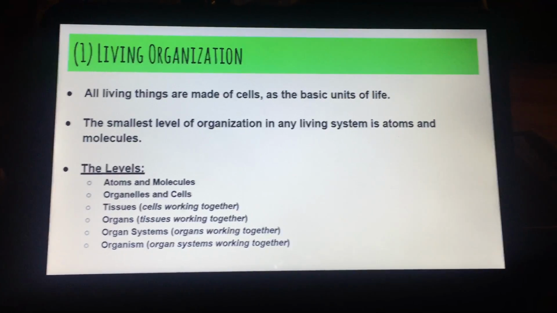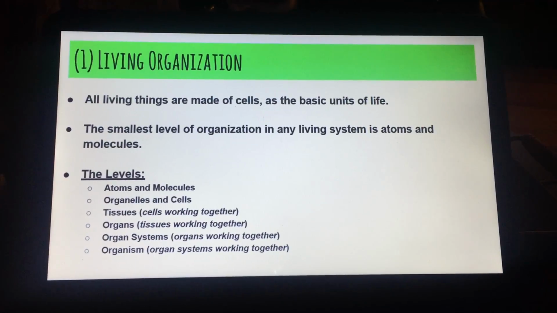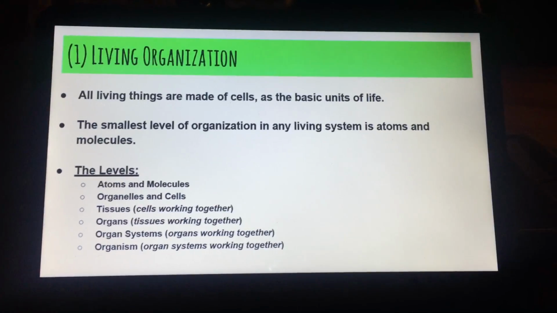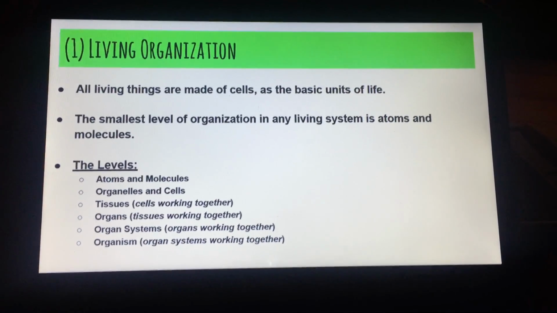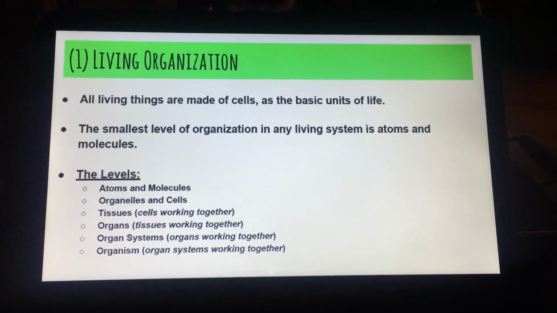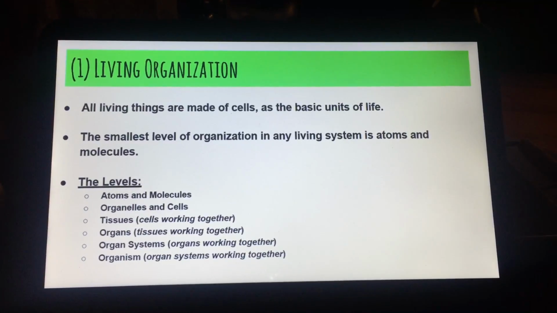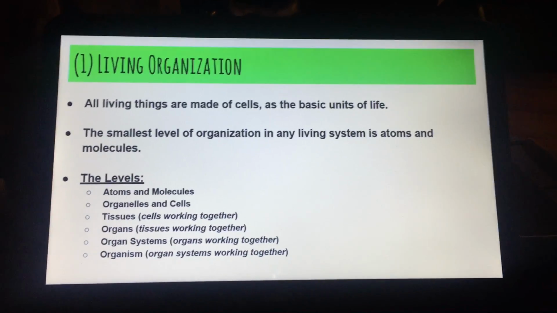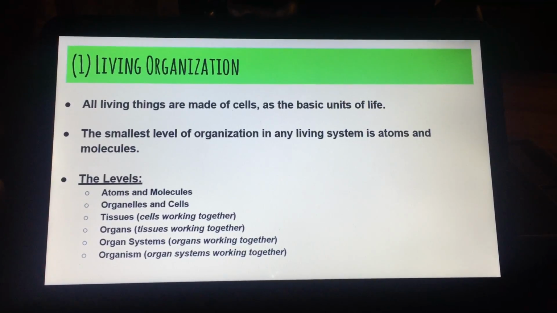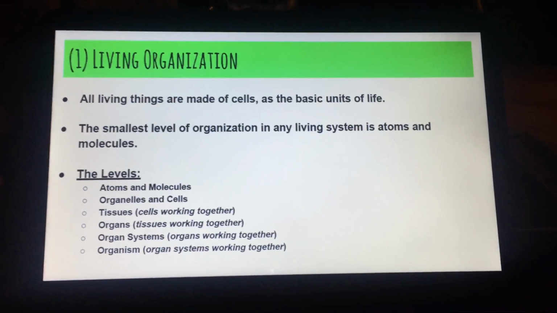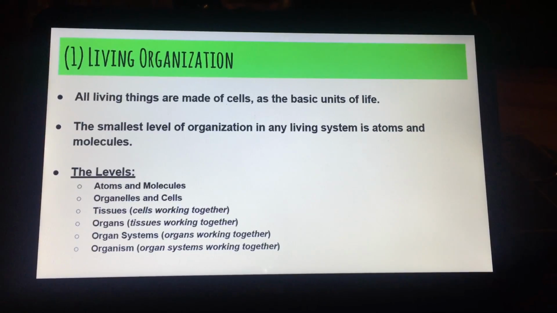And the organs can form larger systems called organ systems, where all the organs work together. And all of that together, all the organ systems working together with their organs, their tissues, their unique types of cells, organelles, and biomolecules, all are going to form you, the whole organism, the living thing.